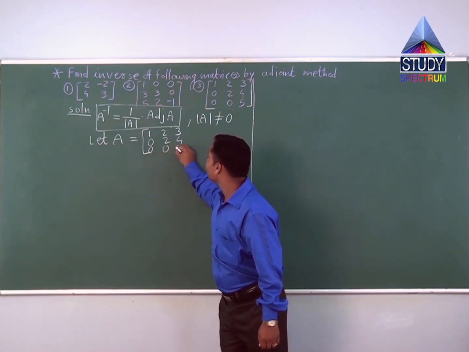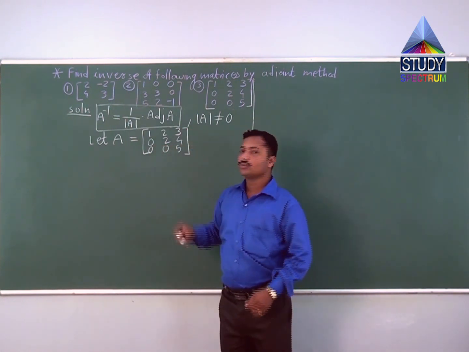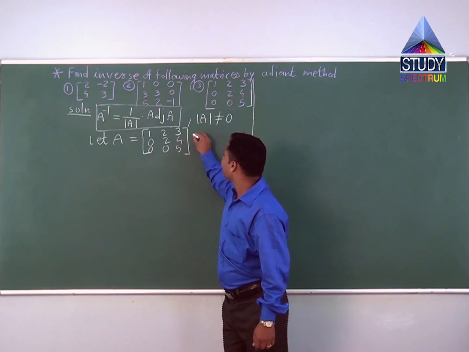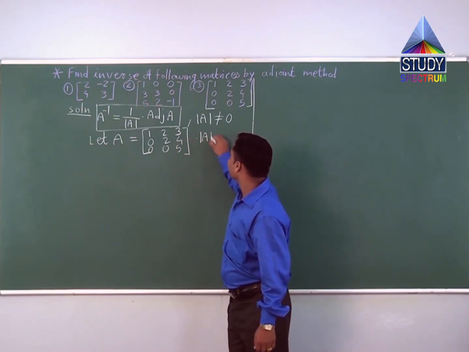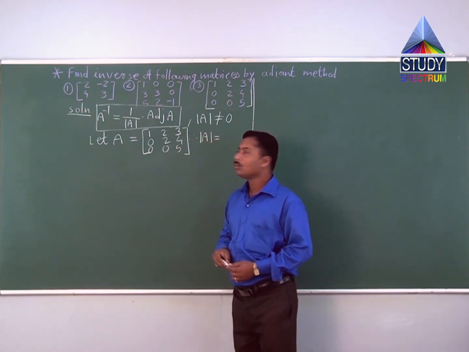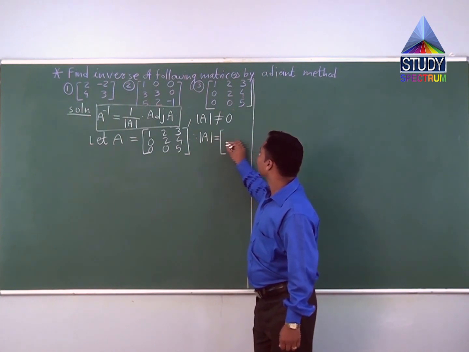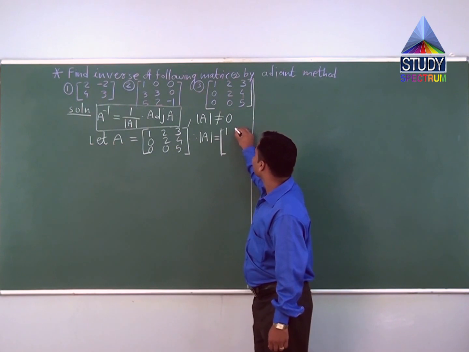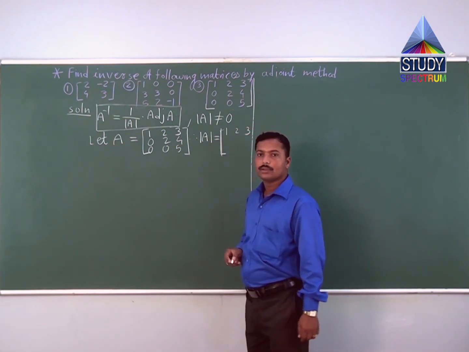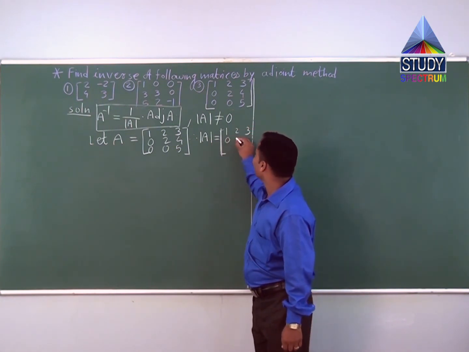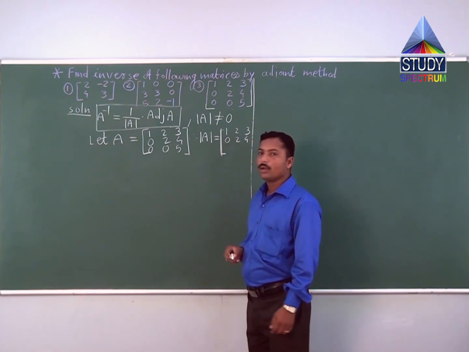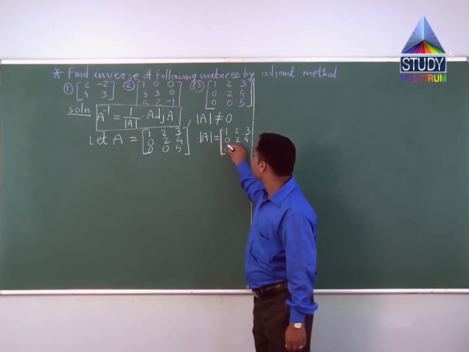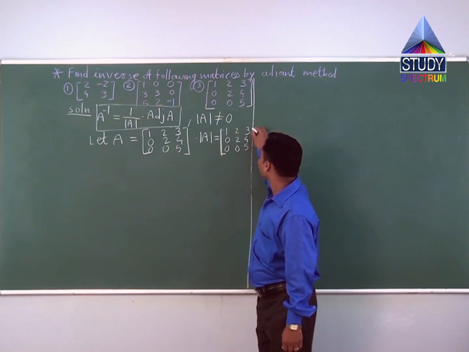So determinant A, therefore determinant A equal to the determinant sign with 1, 2, 3, second row 0, 2, 4, and last row 0, 0, 5.